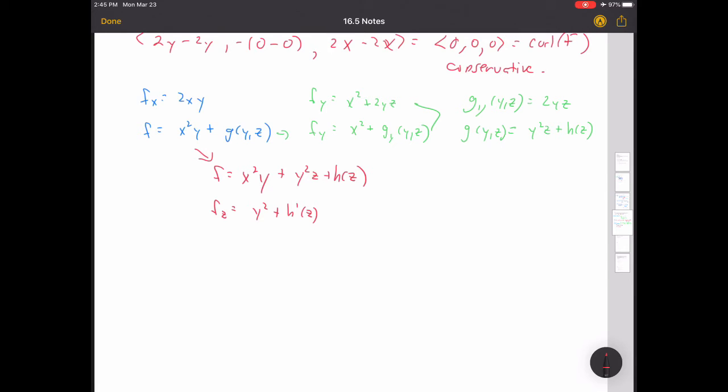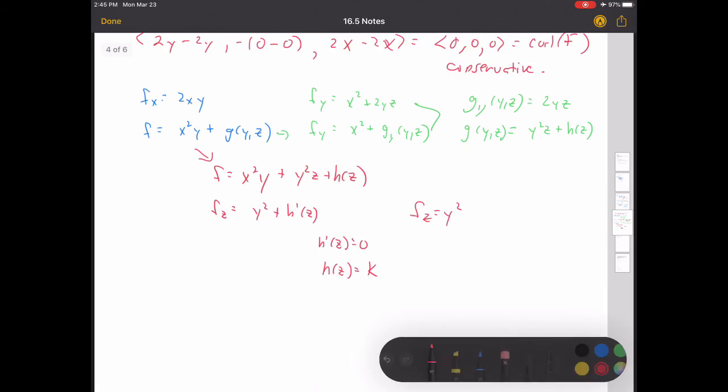But f sub z from the top was just y squared. And since f sub z from what we found is y squared plus h prime of z, that indicates that h prime of z must be equal to 0, meaning that the antiderivative h of z is just some constant k.